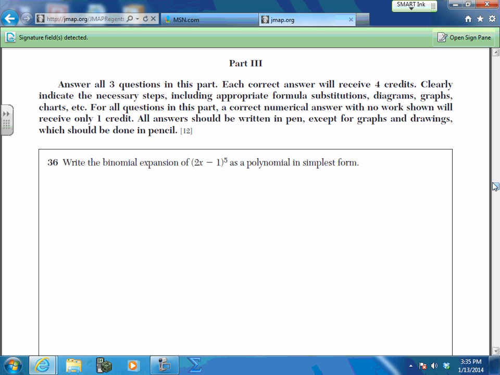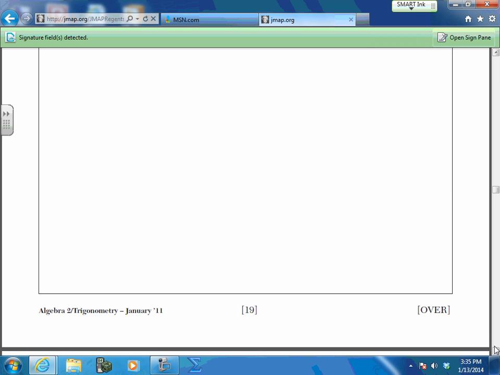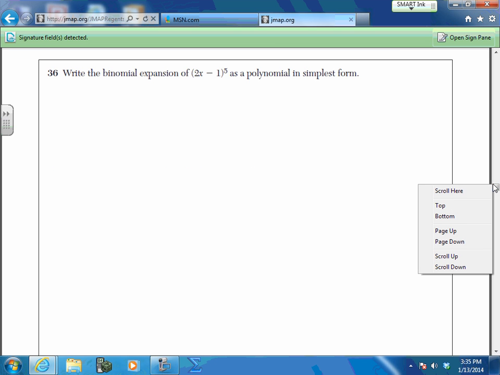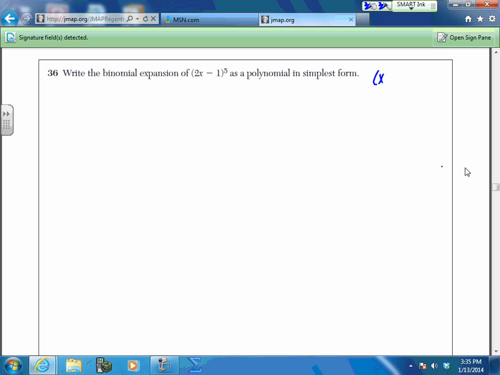Here's a binomial expansion. They're just a little bit tougher, and they want the whole expansion. When you do a binomial expansion, the easiest way to start is with a simple one. That's going to expand into 3 terms. So now you know n plus 1 is your number of terms.